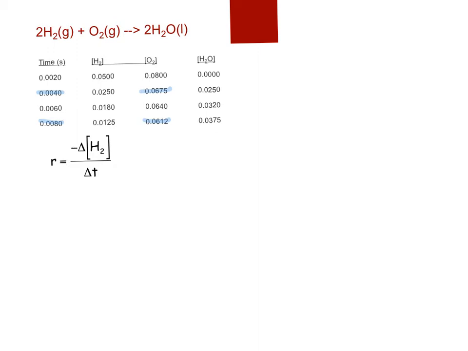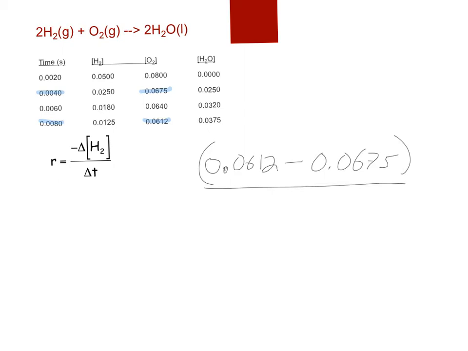So if we get the oxygen data, it's 0.0612, the final oxygen at the later time, minus 0.0675, over the change in time, and that is going to be 0.008 minus 0.004.